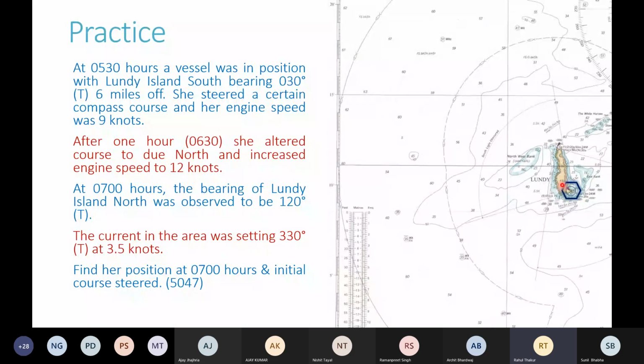The light which is highlighted right now on the chart is the Lundy Island South light. Now at 0530, the Lundy Island South light was bearing 030 and it was 6 miles off. So this information basically gives us a position at 0530 hours, a fix.